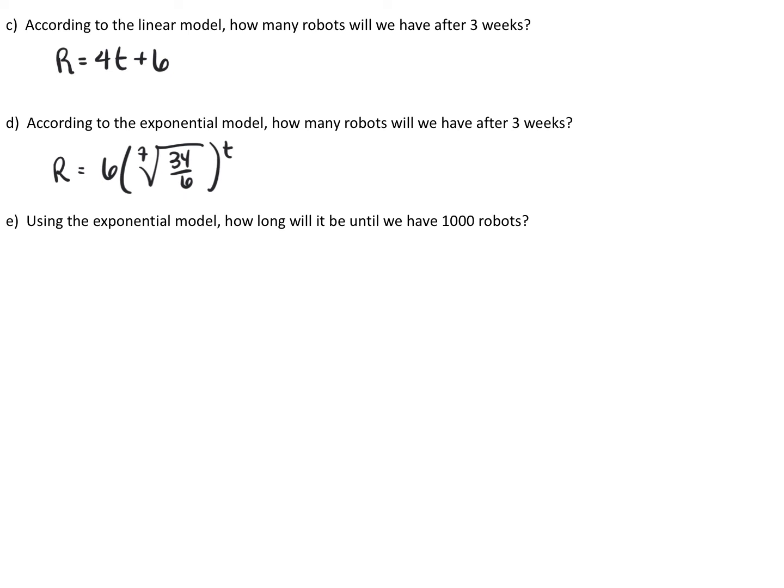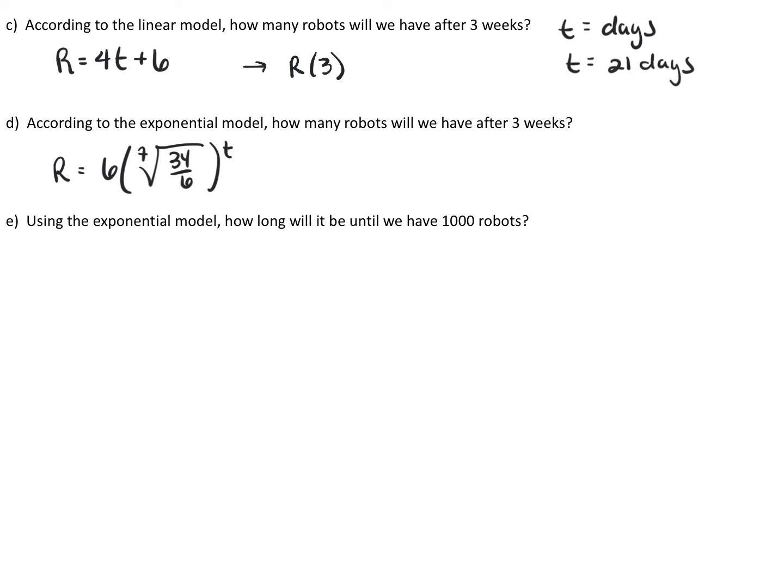In this part of the question, we want to use the different models to see how many robots we'll have after 3 weeks. So using the linear model, here I want to evaluate R of 3. So let's go back and make sure we understand what t is. t is given to us as time measured in days. So after 3 weeks, we're looking at 21 days, right?